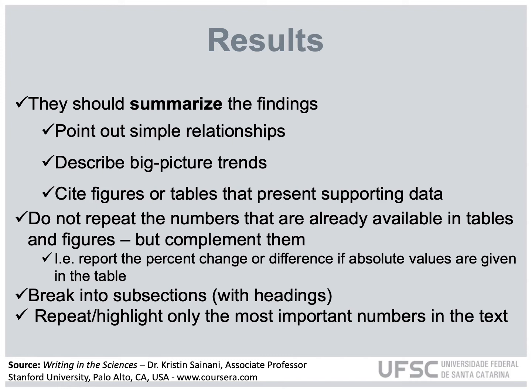For instance, report the percent change or difference if absolute values were already given in the table. Break into subsections with headings. It will facilitate the life of the reader. And highlight only the most important numbers in the text.